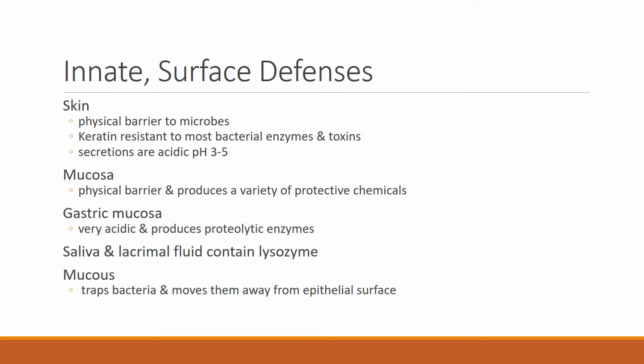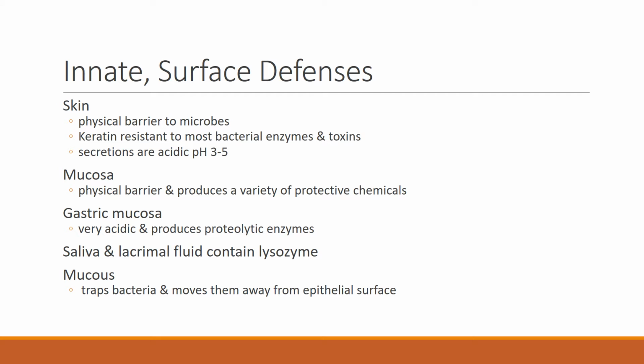When we look at the first line of defense for the innate immune system, let's begin with the skin, where skin is the physical barrier to penetration by different pathogens. It also has lots of different secretions, with lysozymes that are enzymes responsible for degrading bacteria.